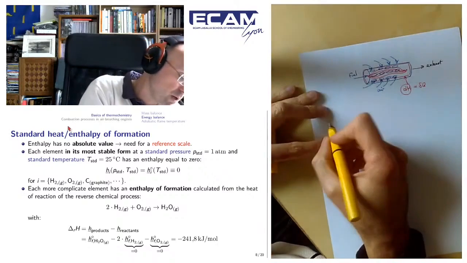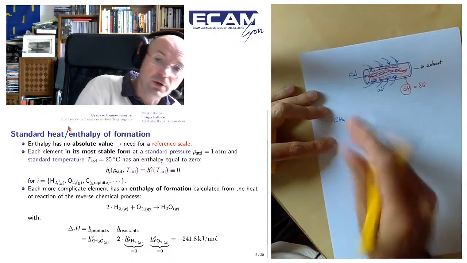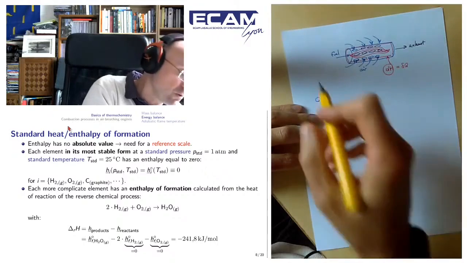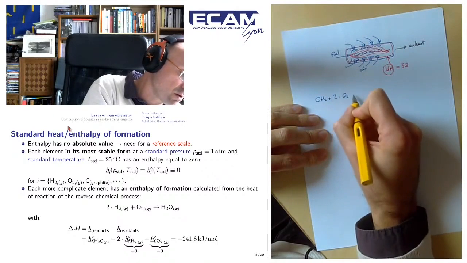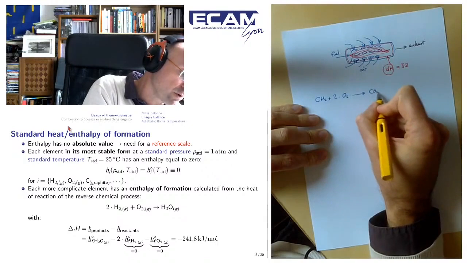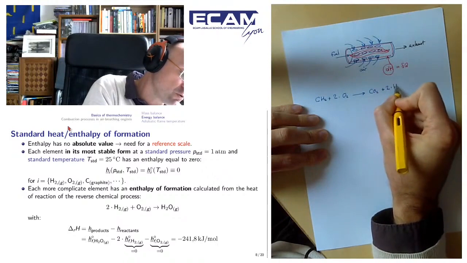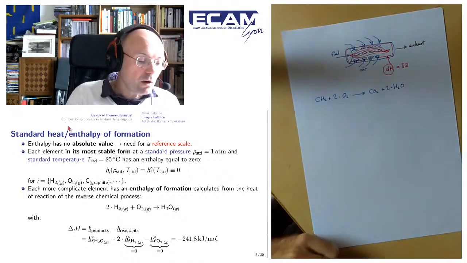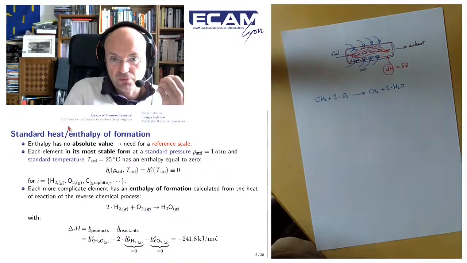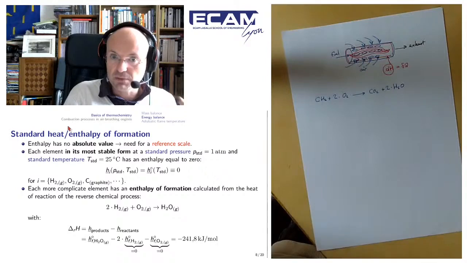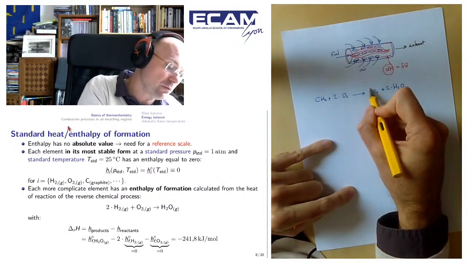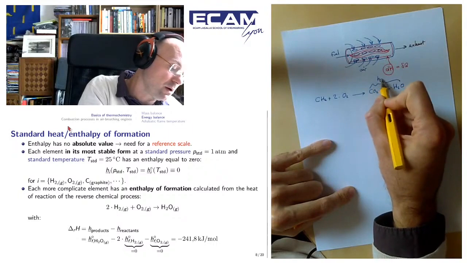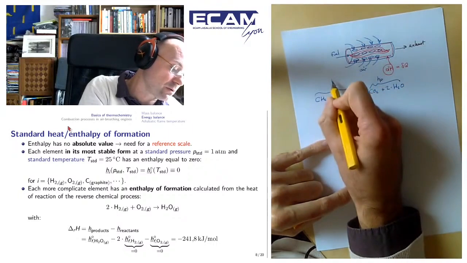Okay, so I know I have 1 mole of methane, which is combined with 2 moles of oxygen in order to produce 1 mole of carbon dioxide plus 2 moles of water. And by definition, the heat of reaction, so the heat which is released by this combustion, is the difference between the enthalpy of the products and the enthalpy of the reactants.